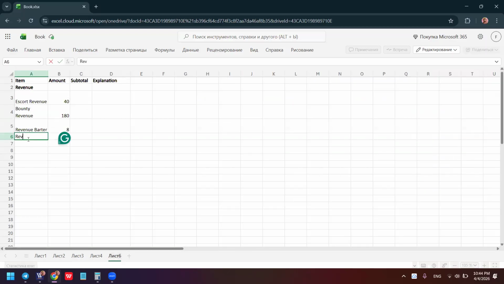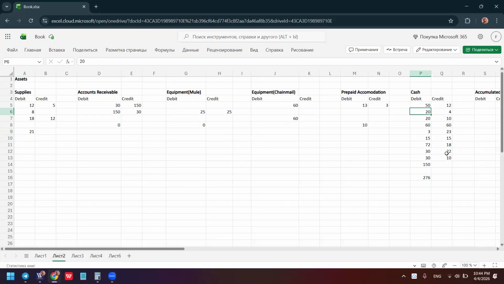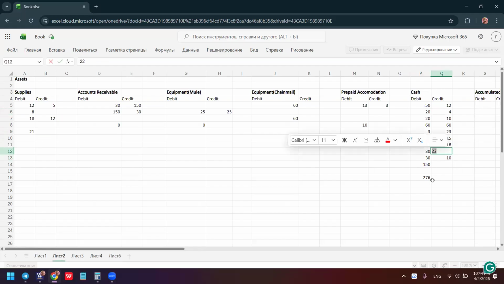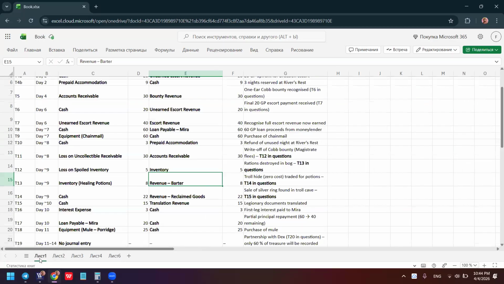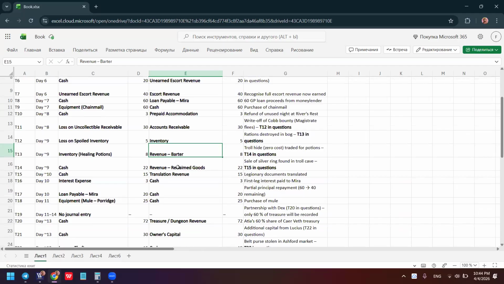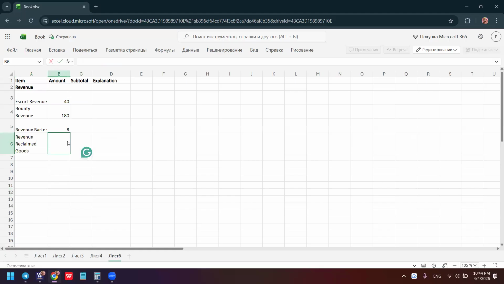What is the next thing? Must be here. It's this one, the 22 from assets. It's revenue for reclaimed goods. We also include that. So we write 22.